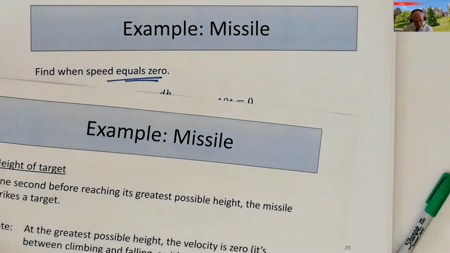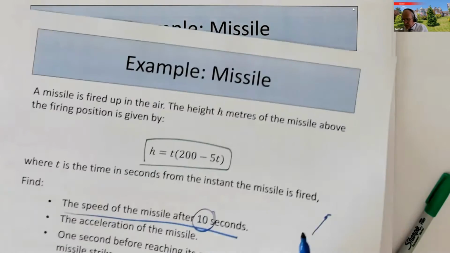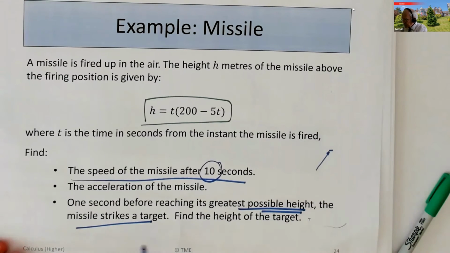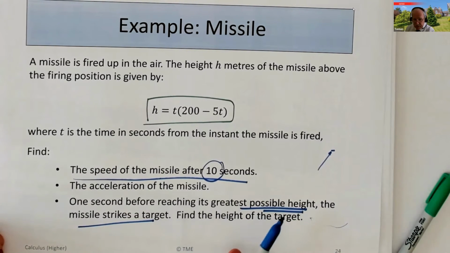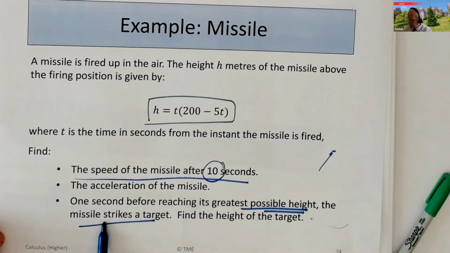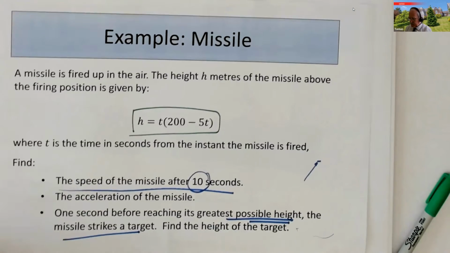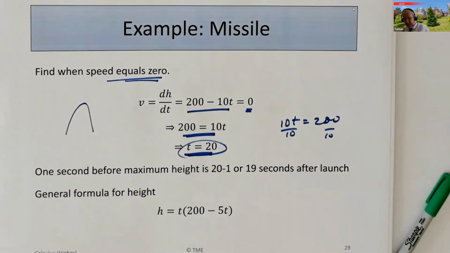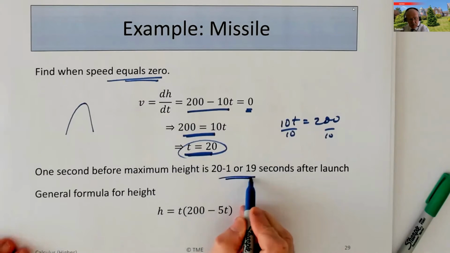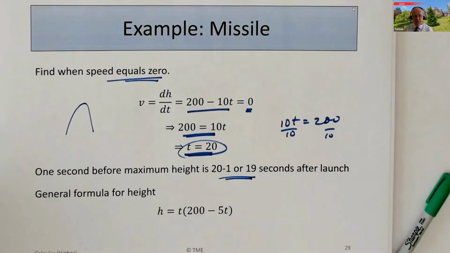What was the question? It said 1 second before reaching its greatest possible height, the missile strikes the target. Well, if its greatest possible height is at 20 seconds, 1 second before must be 19. So really what's going on here is find the height of it after 19 seconds.